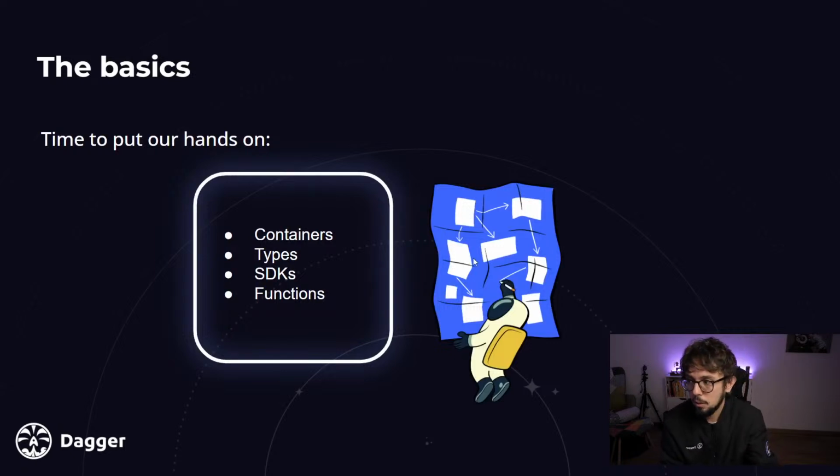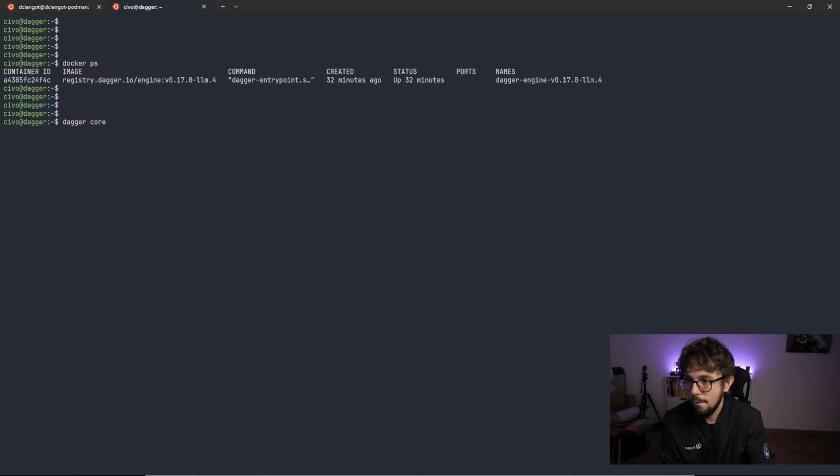Once you have installed it, now it's time for us to take a look at the first primitive. And the first primitive I told you was containers, right? So we need to access a core API that is called container. And how can you define a container, right? Usually we are used to using FROM as the first line of your Dockerfile. And this entity, well, be careful.